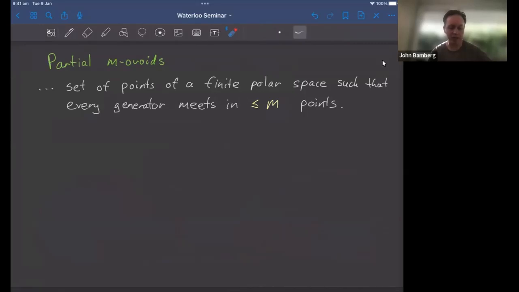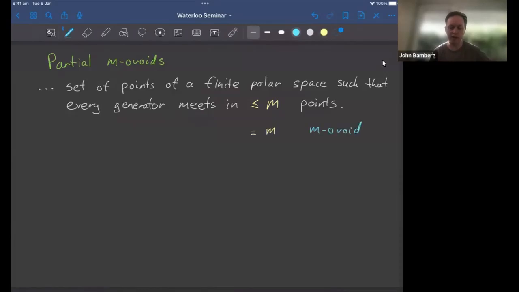It's a set of points of a finite polar space such that every generator, so think of maybe a plane or something like that, would intersect this set in at most m points. In fact, if every generator does, then every singular subspace does. Okay, so we have this nice intersection property, and it's called a partial m-ovoid because of that less than or equal to, because if you have equal to m, then you get an m-ovoid.